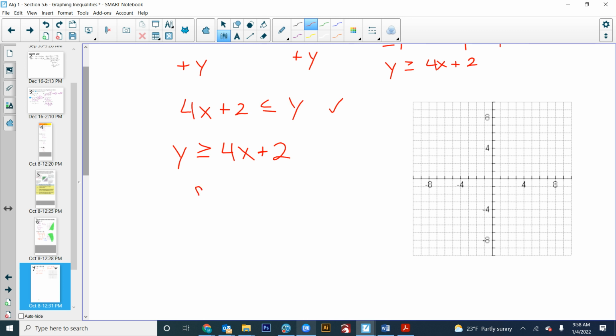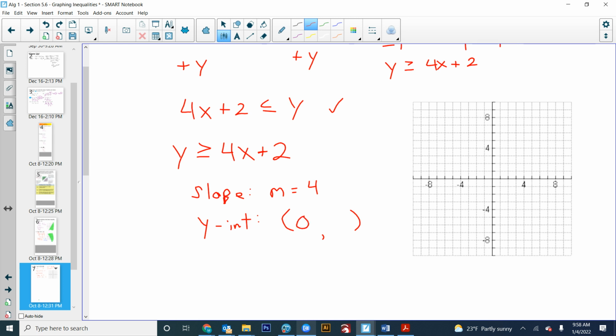So let's write the slope and the y-intercept. Makana, what's the slope of this line? 4. And Ethan, what's the y-intercept of this line? (0, 2).